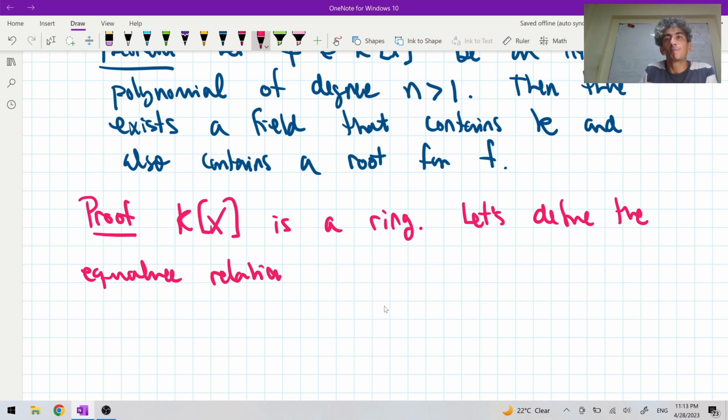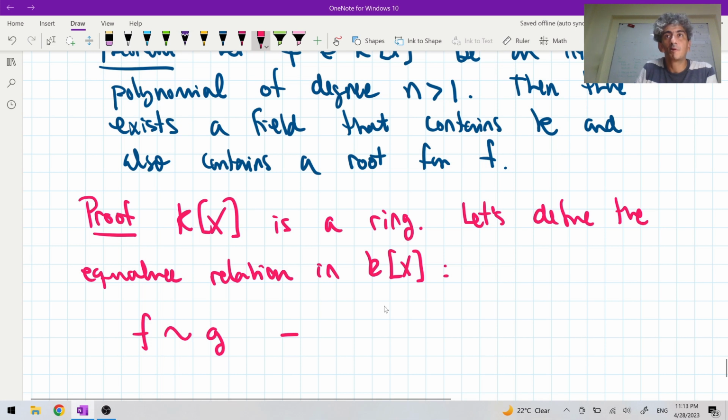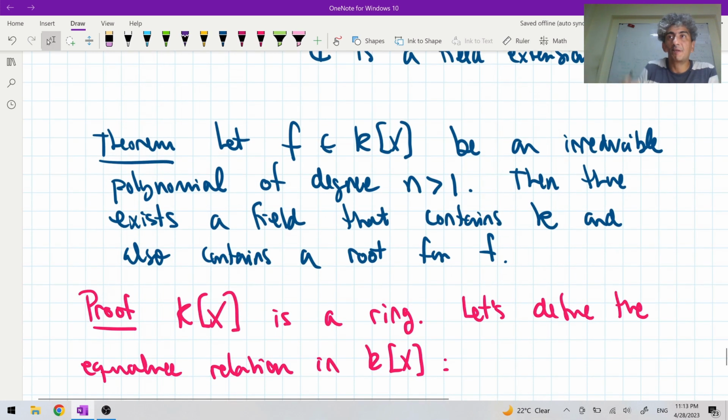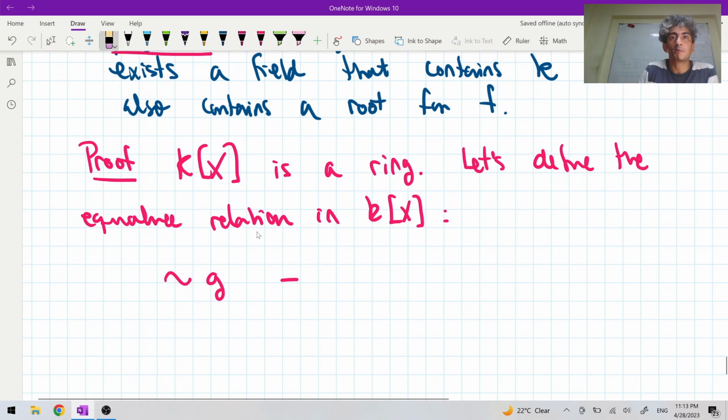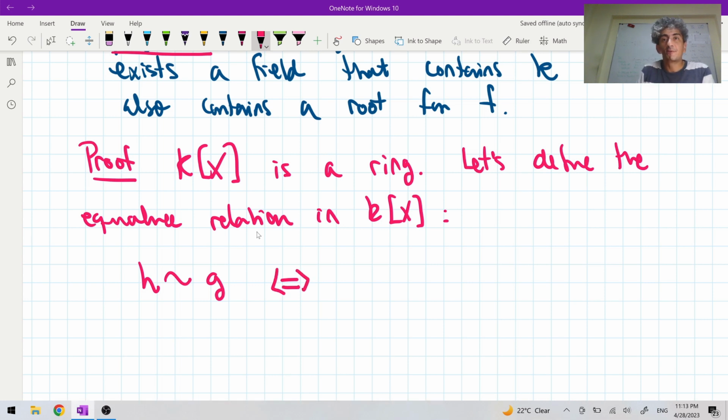We fixed f in our theorem, so we need to use a dummy polynomial. h will be related to g in k of x if and only if f divides the difference.